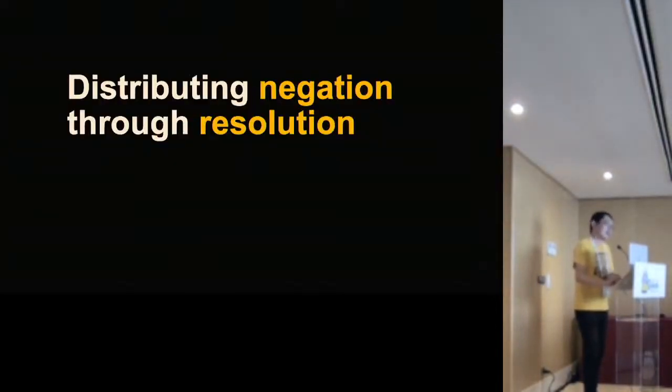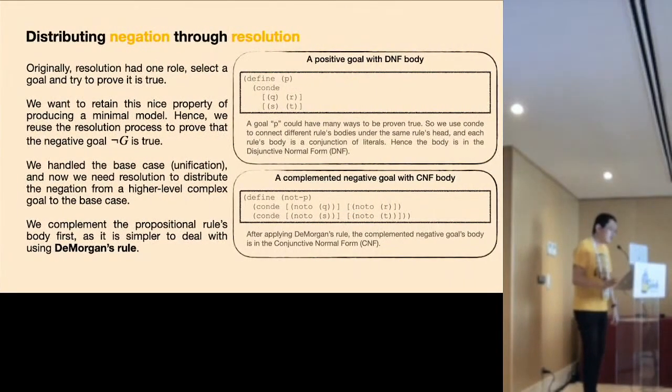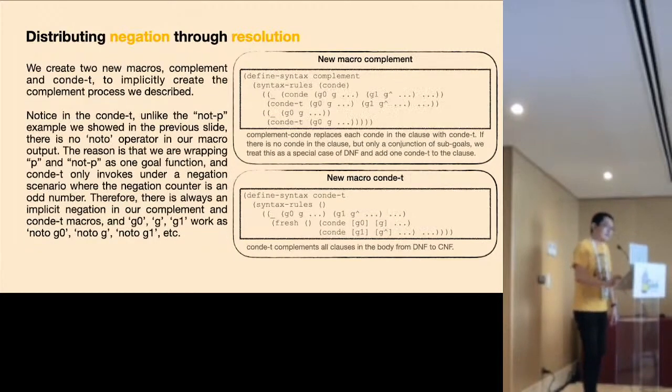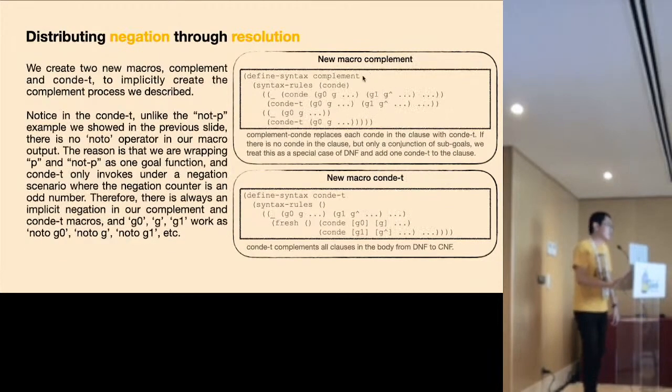Then later we need the resolution to distribute all the negation all the way to the base level, the unification level. Distributing under the propositional form is relatively easy because each atom is independent of the others, so we can use the De Morgan rules directly. Here is how to write De Morgan's rule just as a macro, a one-to-one mapping.